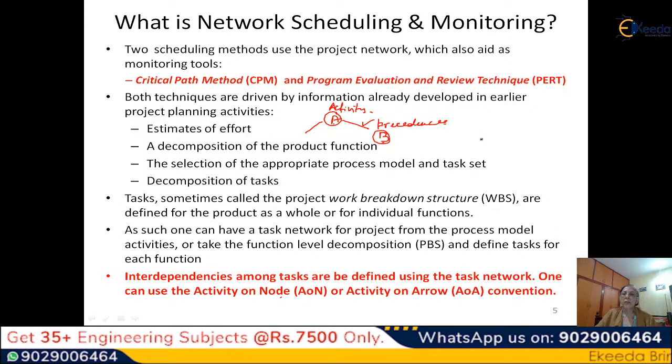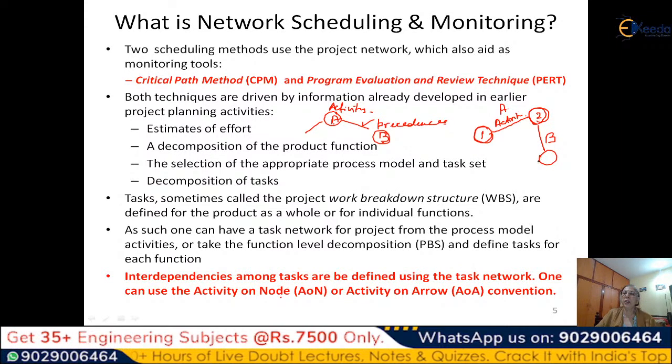The other one is that the nodes are just events and your activity is on the arrow. So this is your activity here. This node denotes the start of the activity and this node denotes the end of the activity. You can put your numbers here, 1 and 2, and this will be your activity A. Another activity can start, which could be your activity B, with another node.